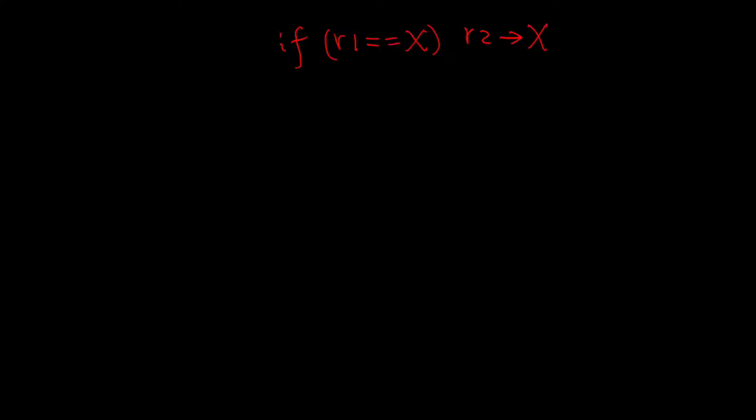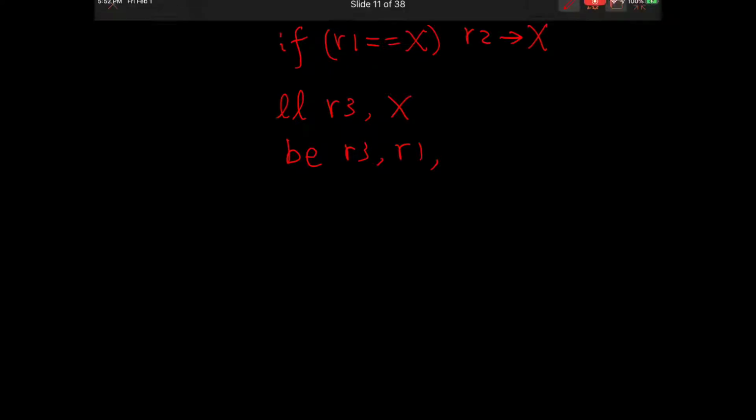So how do we do load link store conditional? Load link R3, X. We load the value in, and then compare. Branch if equal. I'm just making this up. This is not any particular instruction. R3 and R1, if they're equal, then great. Or let's maybe do branch if not equal, that's easier.